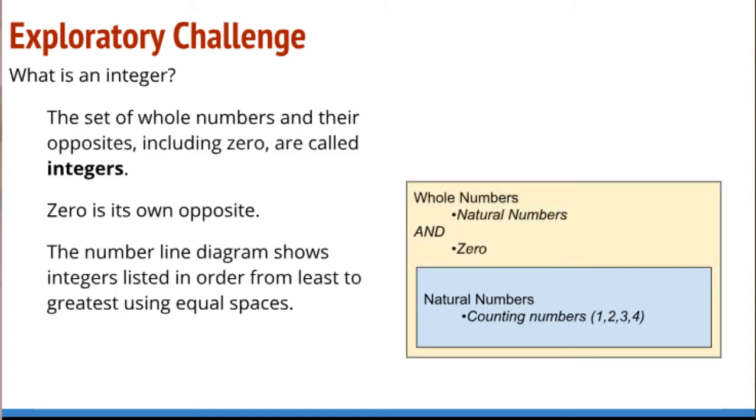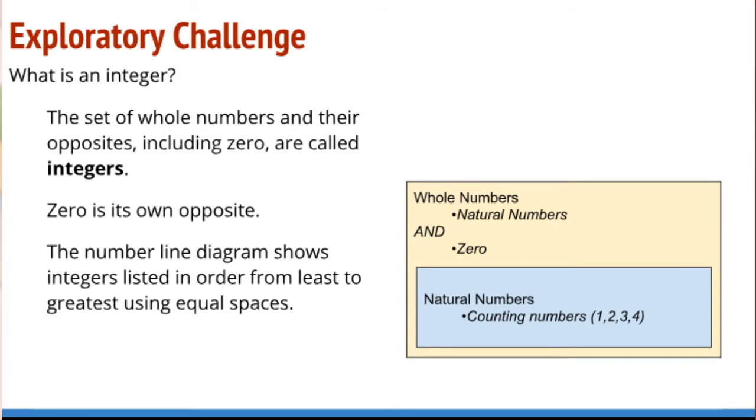Well, then we have what are known as the whole numbers. The whole numbers are all of your counting numbers, 1, 2, 3, 4, and they're also going to be including 0. So at your very earliest stage, as you were counting, you probably always started with 1. 1, 2, 3, 4. And then somebody said, oh, no, you got to make sure you have 0 in there. And so you moved into using these whole numbers, these natural numbers and 0.